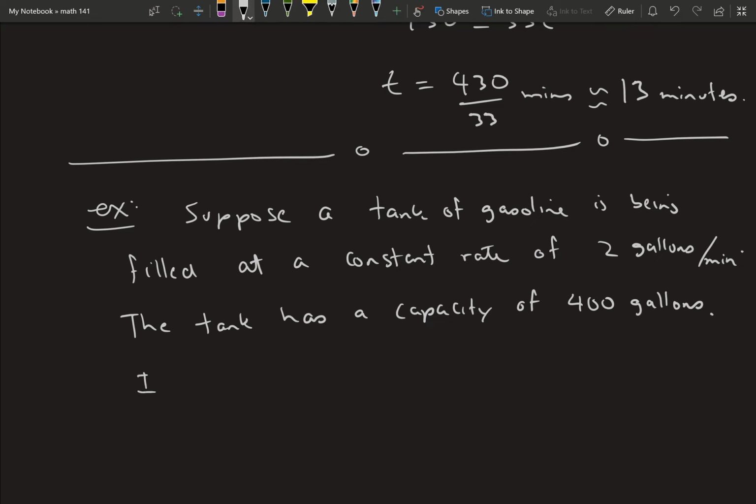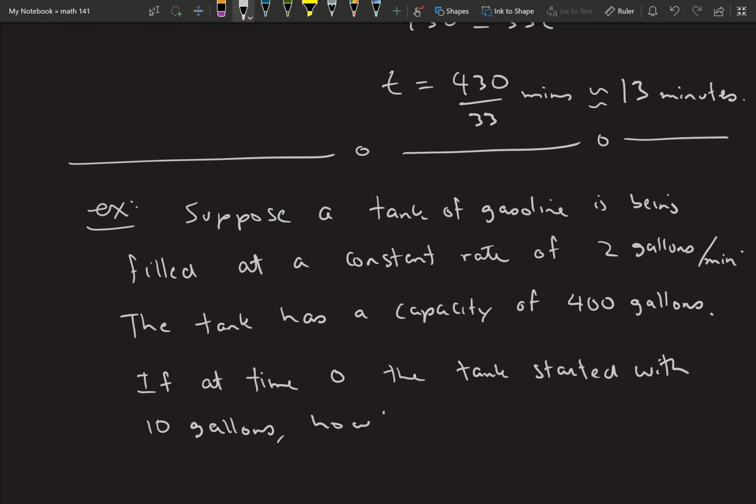If at time 0 the tank started with, say, 10 gallons, how long would it take to fill the tank?